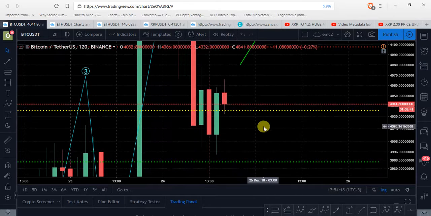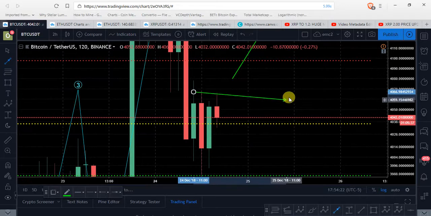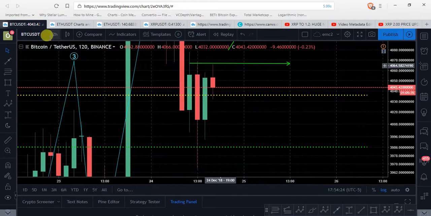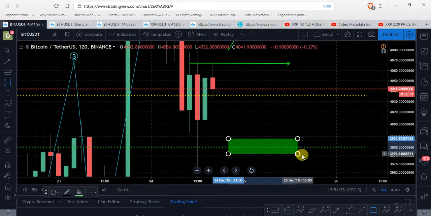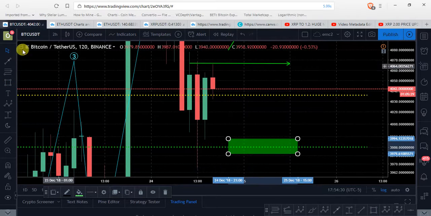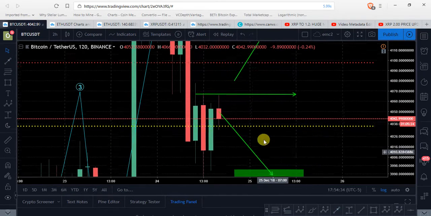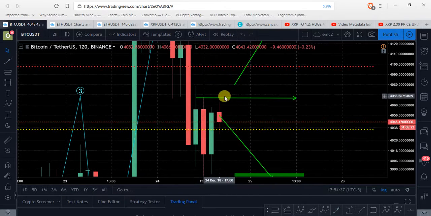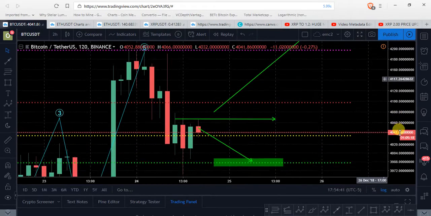Some are going to be waiting, but as soon as we break this line, price is going to shoot up because all the traders are trying to buy in this area right here, right? They're going to wait for a retest. So if the price doesn't come back to this area and break this area of support resistance, they're going to jump in because they know the price is definitely going to 44, 45, right?